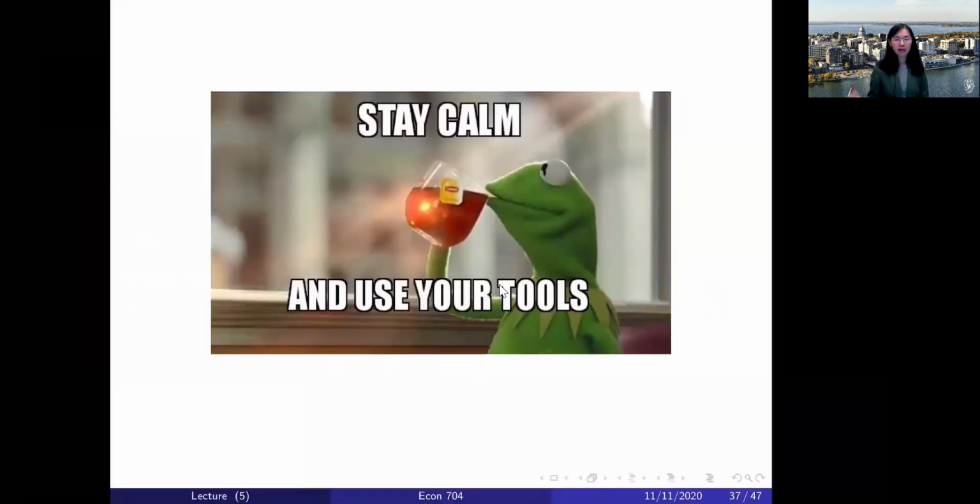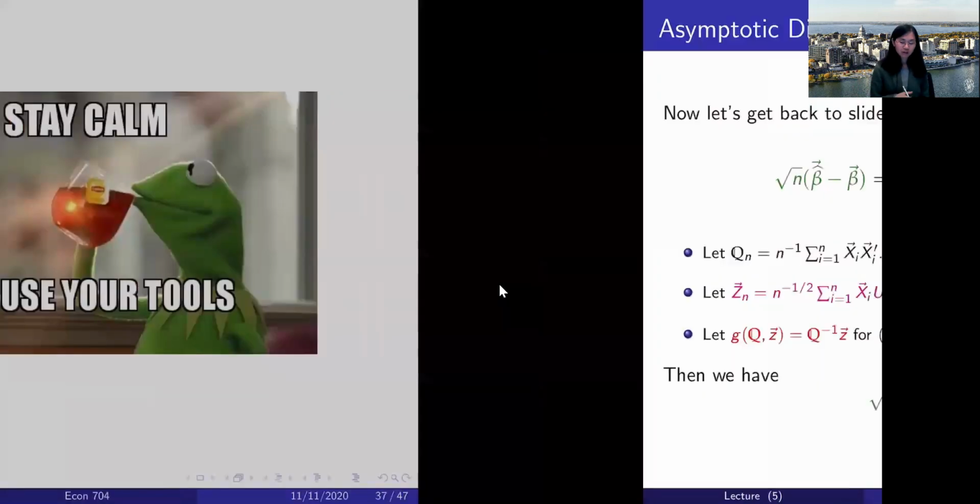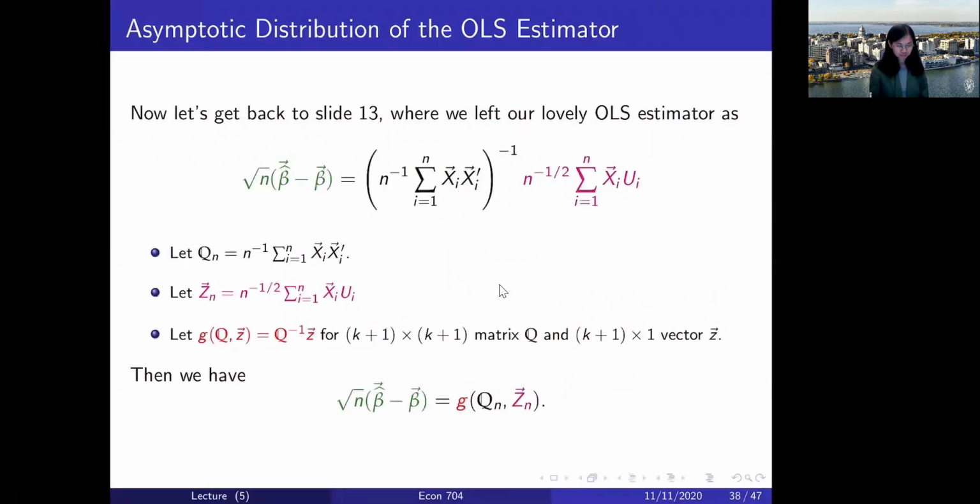So now we have our tools. We can do our derivation. Now we're going to get back to the lovely formula for the ordinary least squares estimator. In fact, we want to go back to this recentered and rescaled version of the formula.